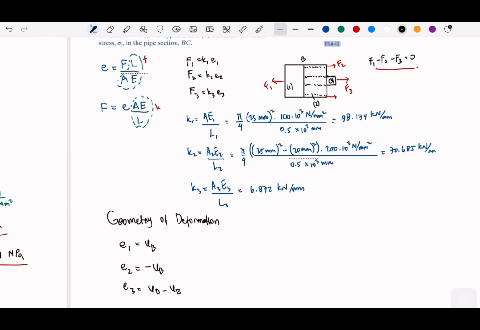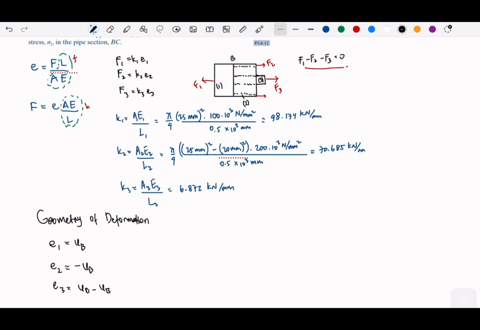First we can write that F1 is K1 E1. K1 we already computed, and E1 can be represented as UB.